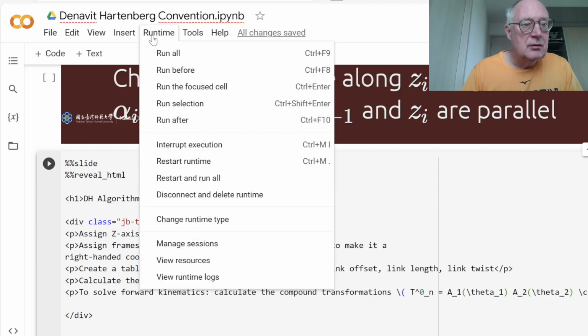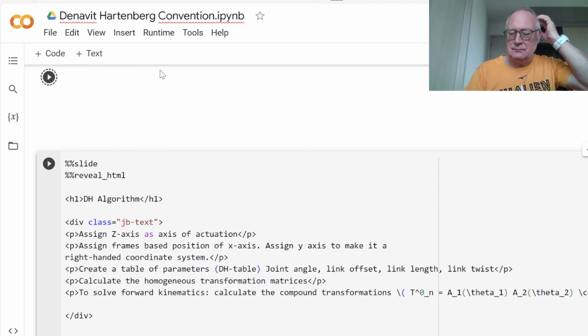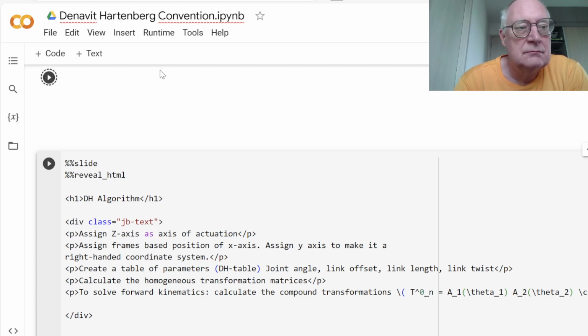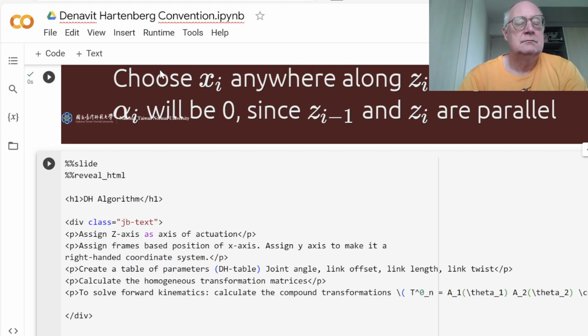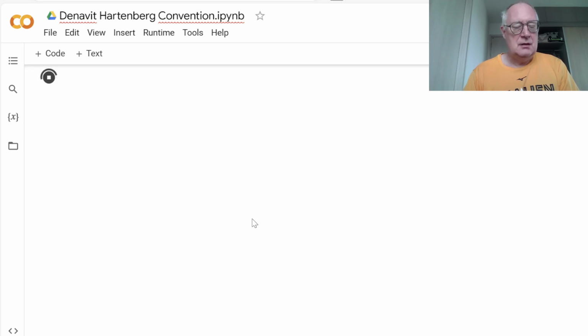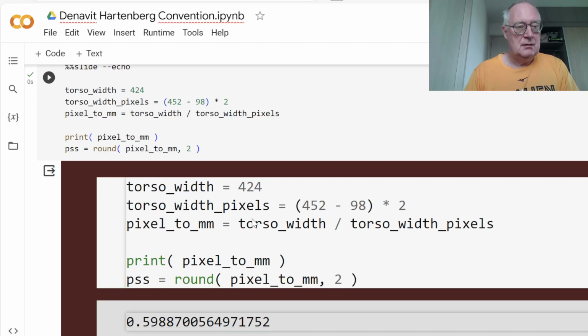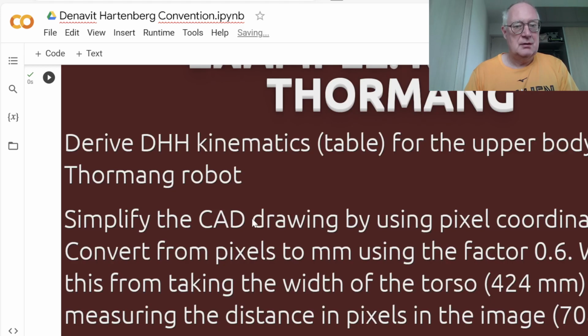No. Okay, run before. Okay, now let's hope this works. Okay, this works because I converted to a string.